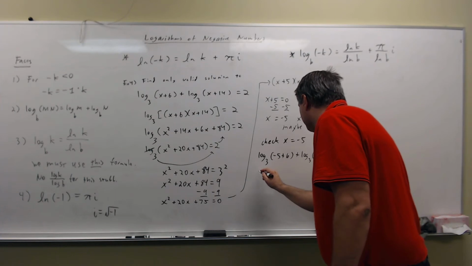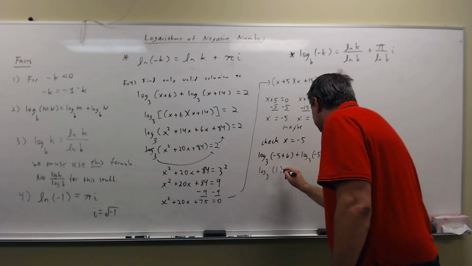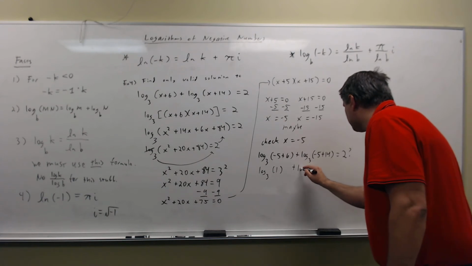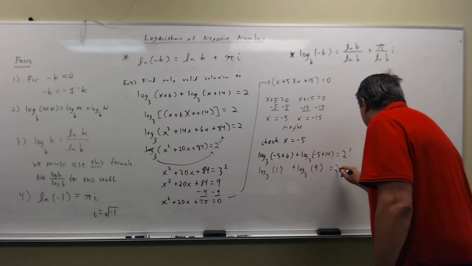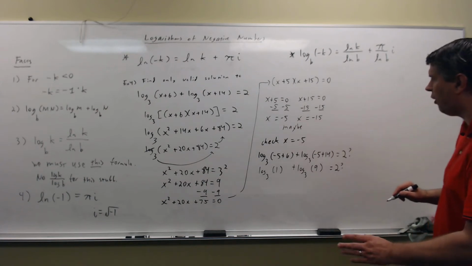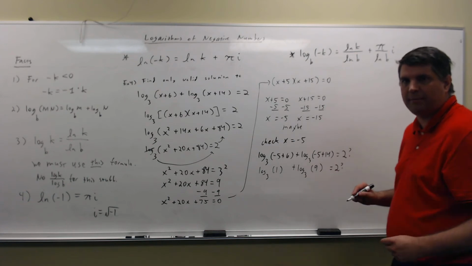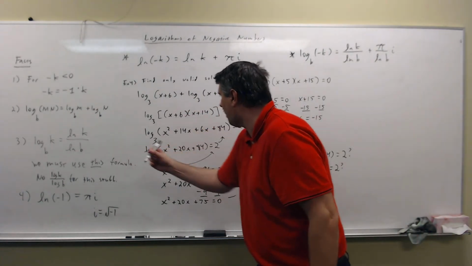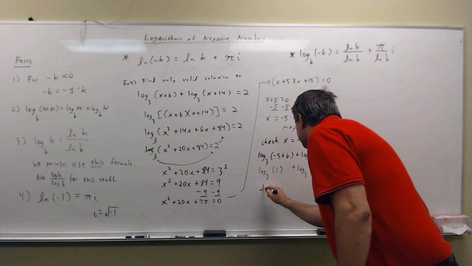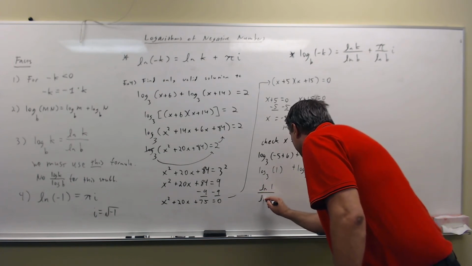Well, that's going to be log base 3 of 1 plus log base 3 of 9. First of all, they're logarithms of a positive number, so they are valid in the real number system. But let's go ahead and use the change of base formula to confirm what we should already suspect, and that is that both of these are valid.